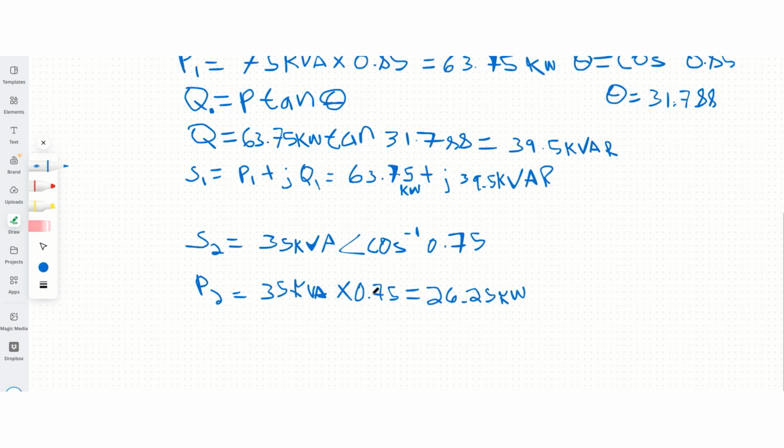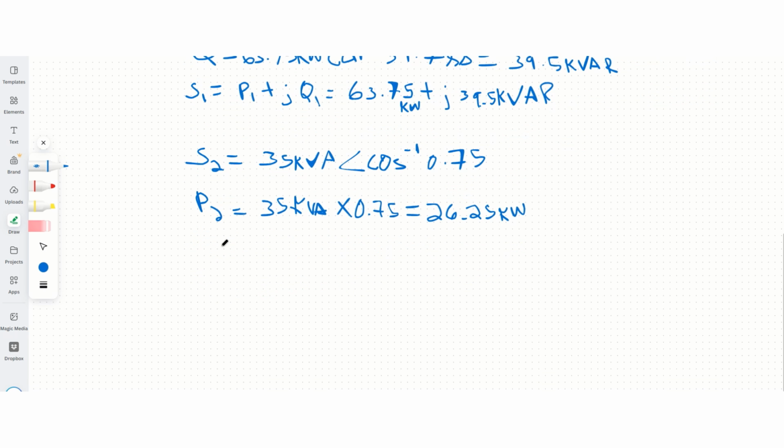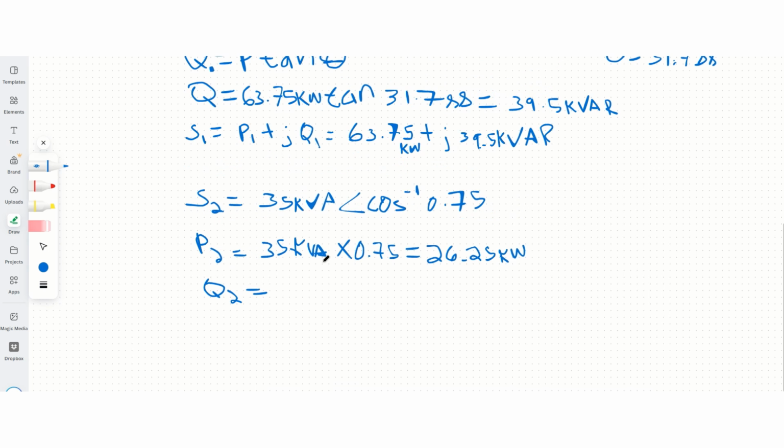And then we will have to find the reactive power. Q equals your real power times the tangent of theta, your angle.